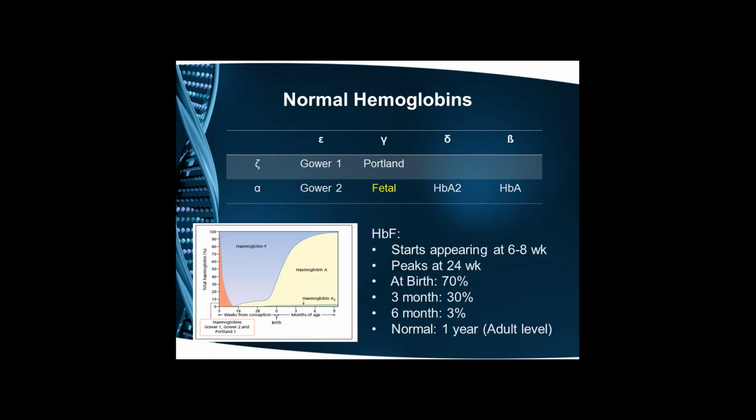So at various times, all these hemoglobins combine so that we get different hemoglobins at different times. That is the embryonic hemoglobin, the fetal hemoglobin, and so on. Each hemoglobin has a characteristic time when it is present and when it goes off. That is, it switches on so that that hemoglobin is produced, and it switches off so that the other one replaces it. And this is all based on the oxygen requirement in the body.